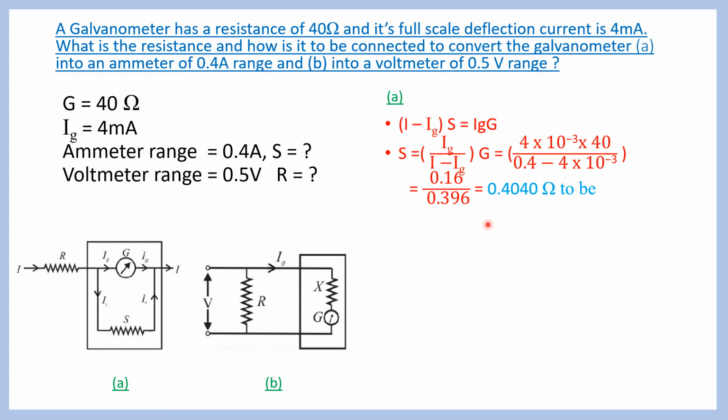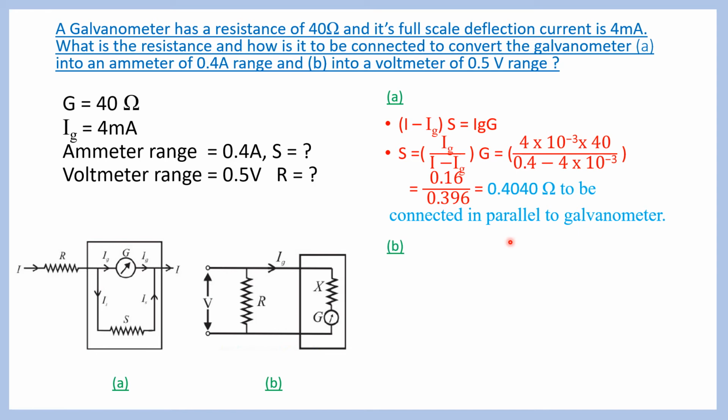When we are converting a galvanometer into an ammeter, we have to connect this shunt resistance, that is that small resistance, in parallel to the galvanometer. So S will be 0.4040 ohm, connected parallel to the galvanometer. This forms the final answer for part A.